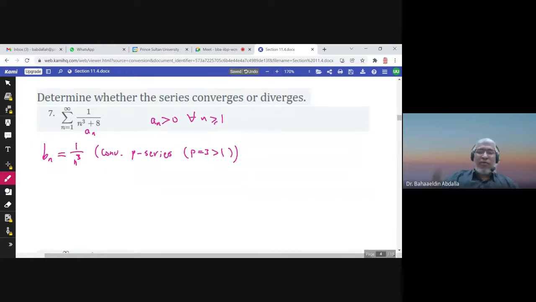And now an, which is 1 over n cube plus 8, is less than 1 over n cube because I removed plus 8. And an is less than bn, and summation bn is convergent. So by direct comparison test, summation an is convergent.